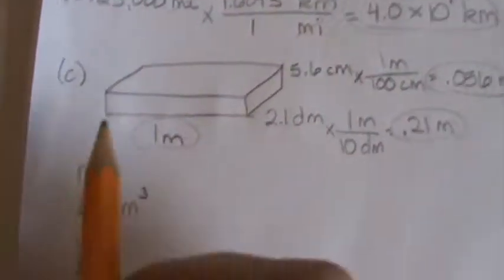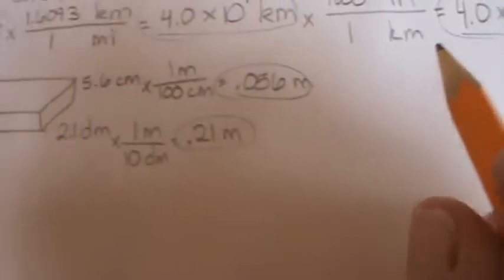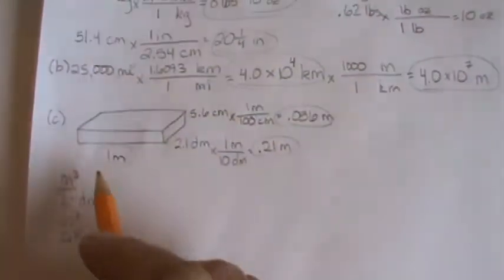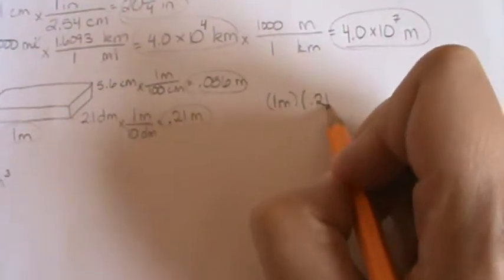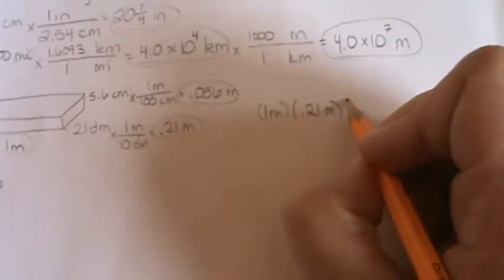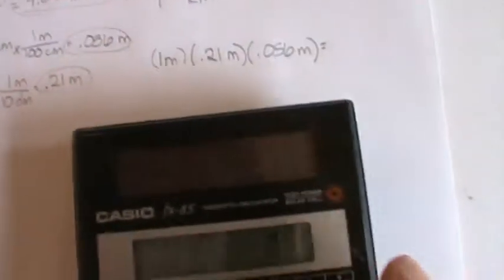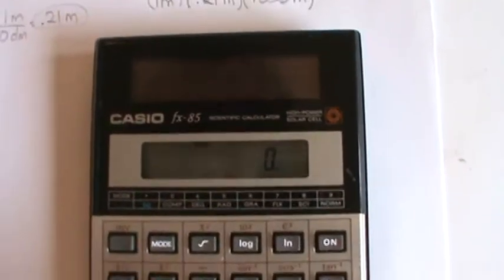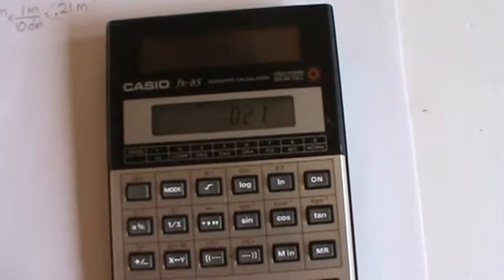Okay, so now we can find our first one, meters cubed. Remember, volume is just length times width times height, so we would say 1 meter times 0.21 meters times 0.056 meters. Okay. So we bring out our trusty calculator and type this in.